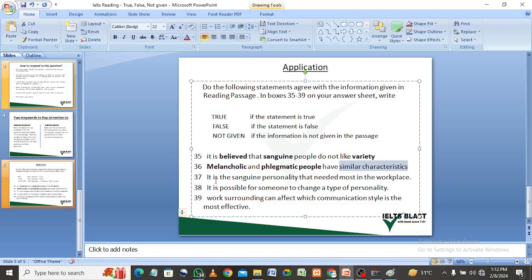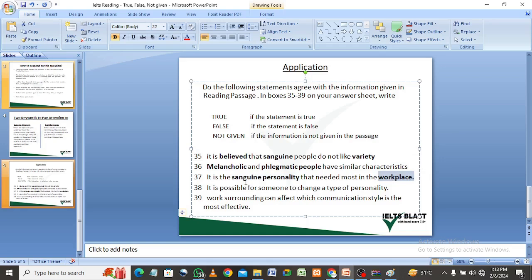Now let's take a look at 37. The scanning keywords here are what? Sanguine personality, then workplace. These are the what?